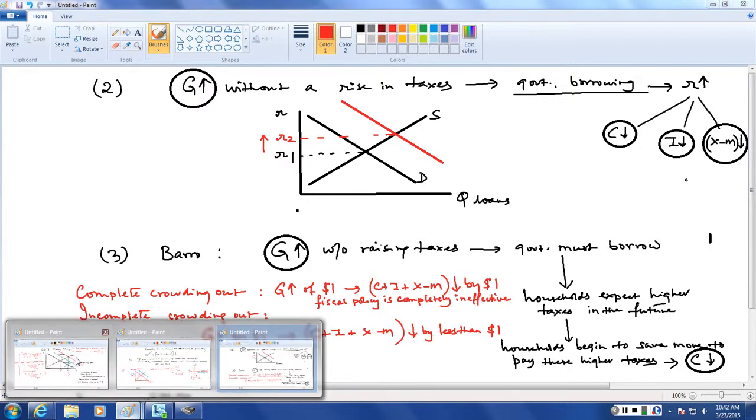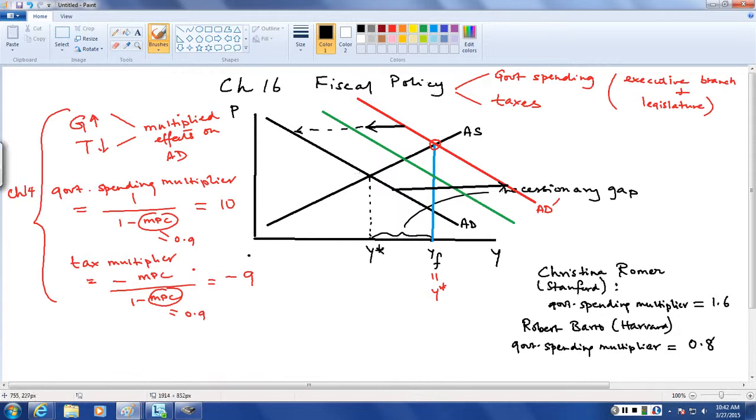So this would be like going from the black AD curve to the red one, and then back leftwards, but not all the way back to square one, but back to the green AD curve, right? So with incomplete crowding out, fiscal policy is somewhat effective, correct? It's not completely ineffective. However, it is less effective than it would have been in the absence of crowding out. So crowding out certainly reduces the effectiveness of fiscal policy, right?